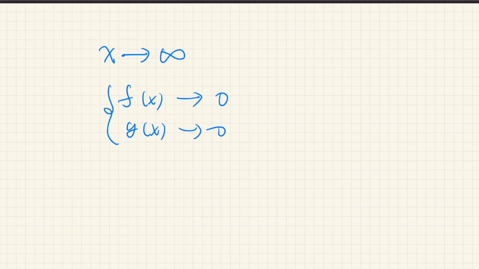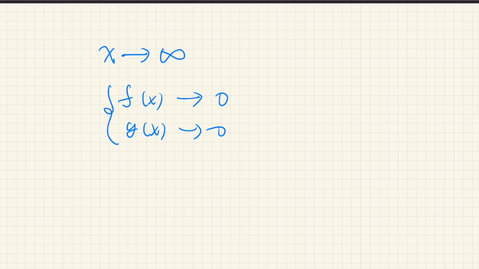Now finally, we want to consider the case where we take the limit as x goes to infinity rather than to a constant, either from right or left. In this case, f of x converges to 0, and let's assume g of x also converges to 0.